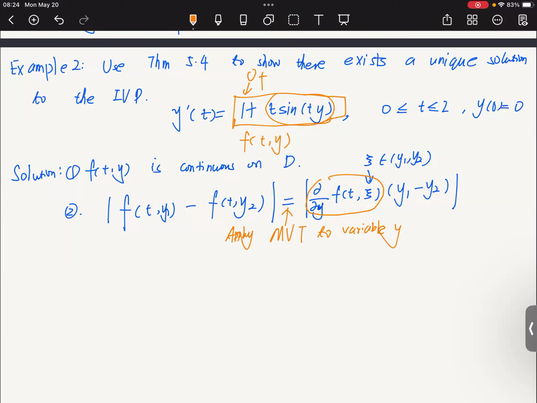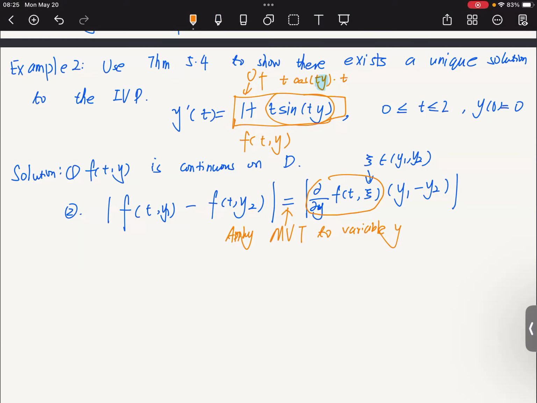So we keep the t, and then we take the derivative of the sine function, which is cosine ty. Because this is a composite function, we also take the derivative of ty with respect to y, which is just t.